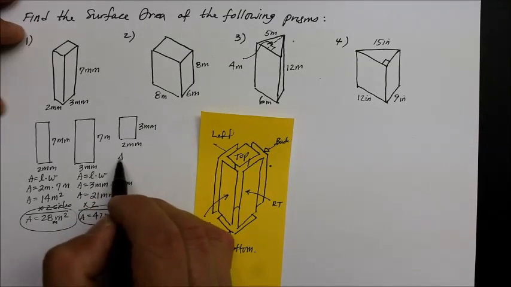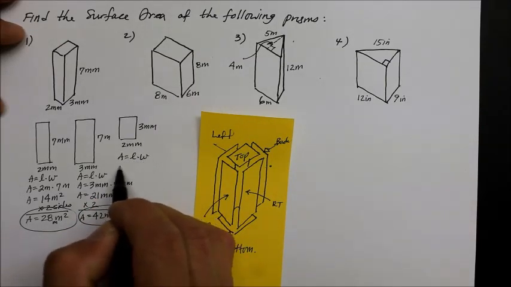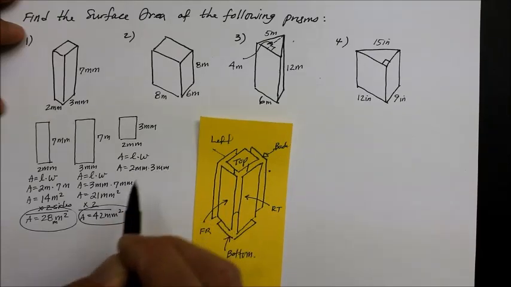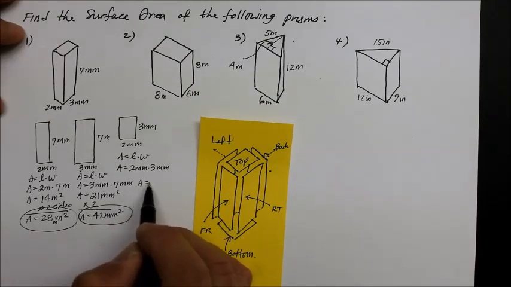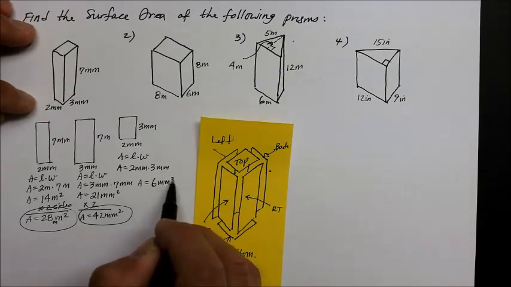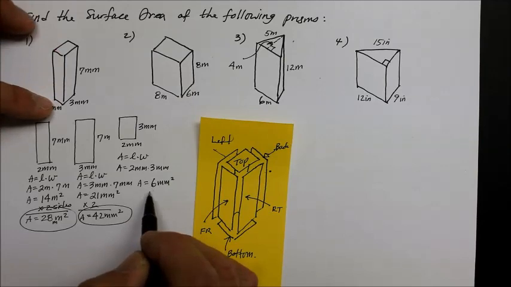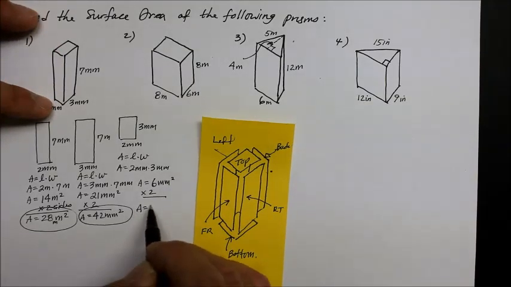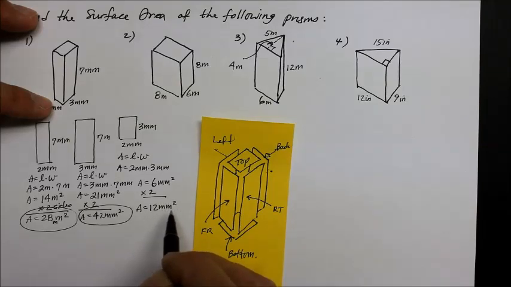So the area, length times width, is 2 millimeters times 3 millimeters, so the small rectangle is 6 square millimeters. But we have two of them, top and bottom, so multiply by 2. The total area needed for top and bottom is 12 square millimeters.